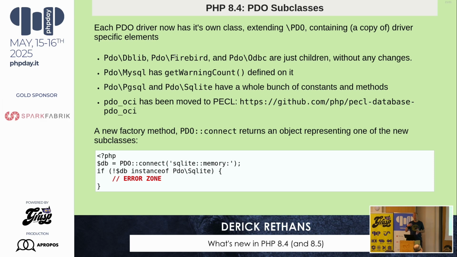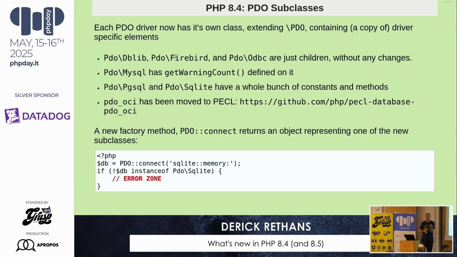On these subclasses, we then define the methods that would only work for that driver. We still can't return those when you do new PDO, because that has to return a PDO object. But there's now a new static factory method called PDO::connect.